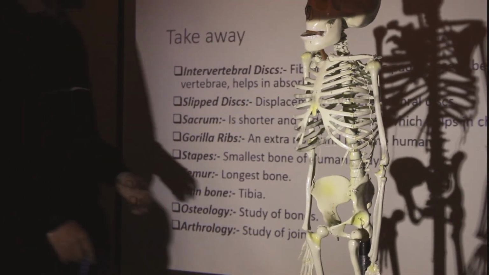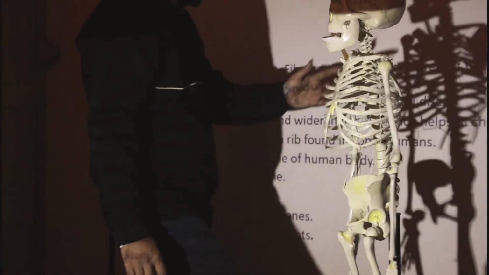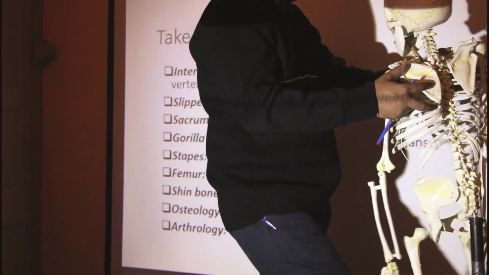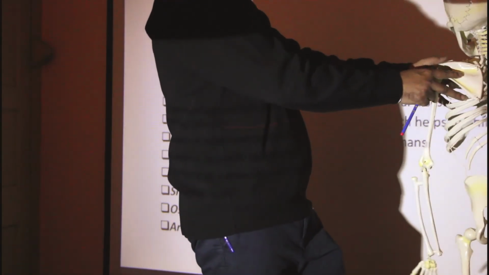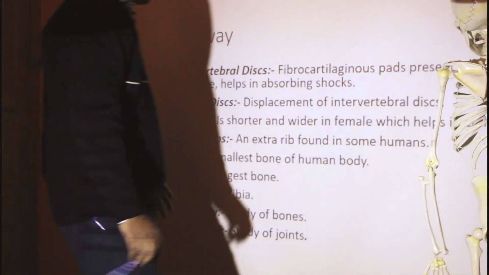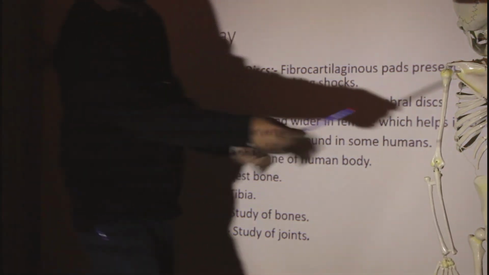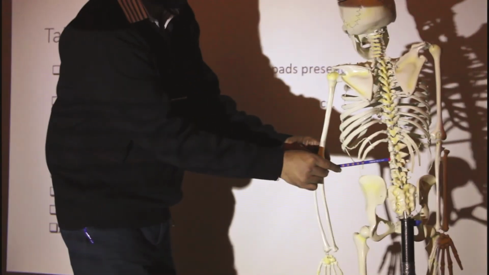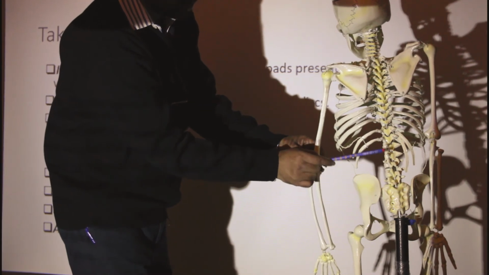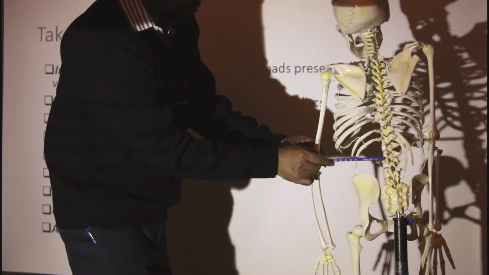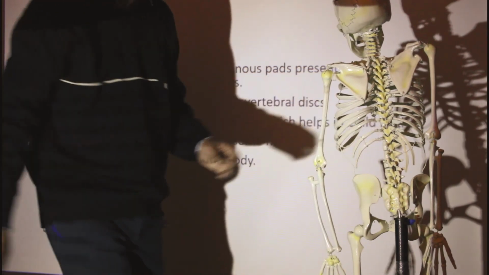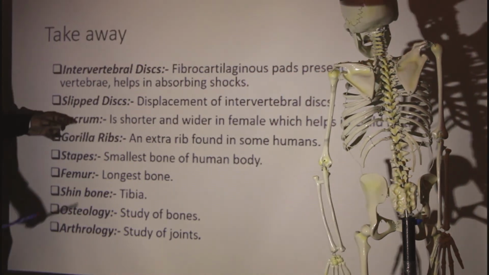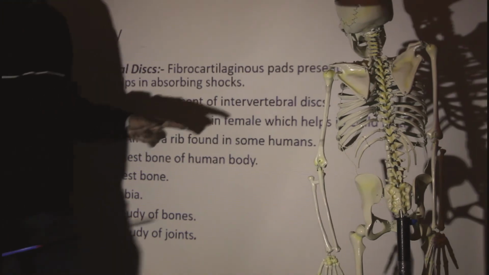So today's takeaway: intervertebral discs. I'll use this model to demonstrate some of these important takeaways. Intervertebral discs are disc-like structures present between two vertebrae. This space is occupied by the intervertebral disc. Slipped disc: what is a slipped disc problem?